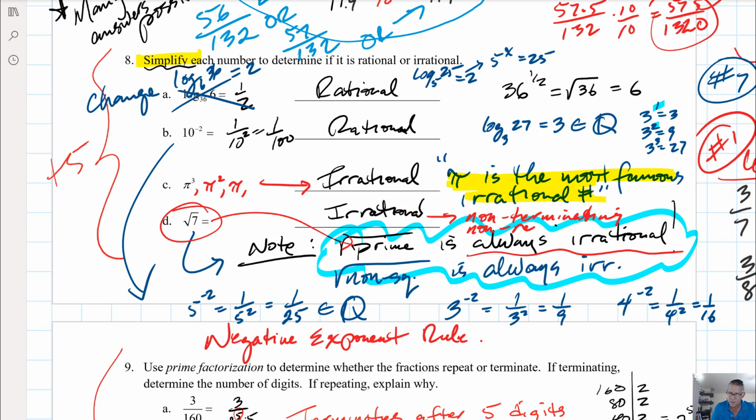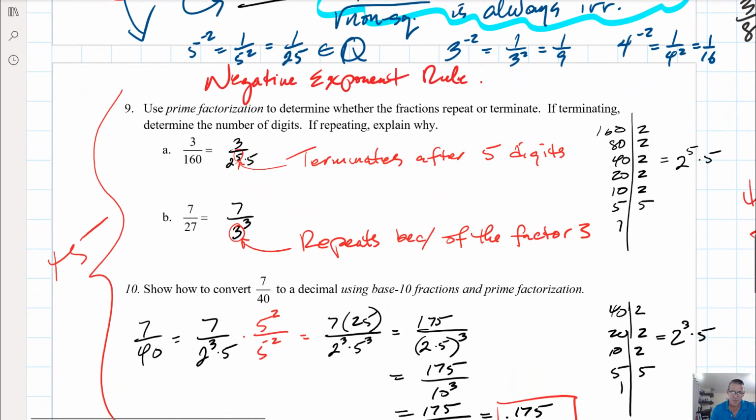So you can't convert them to a rational number. I want you guys to actually write this down in your spiral. So if you haven't done so, pause the video right now and get all that down, because these are the things that you need to know. So let's go to the last page here.